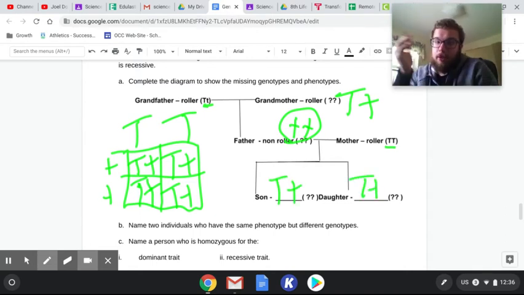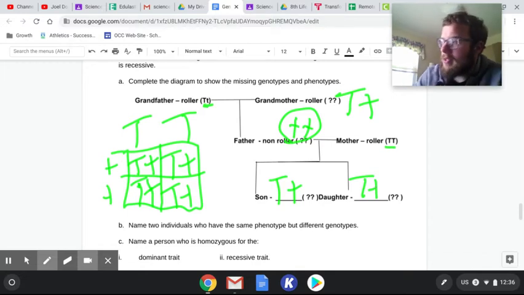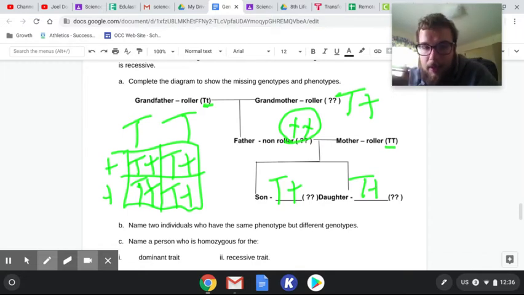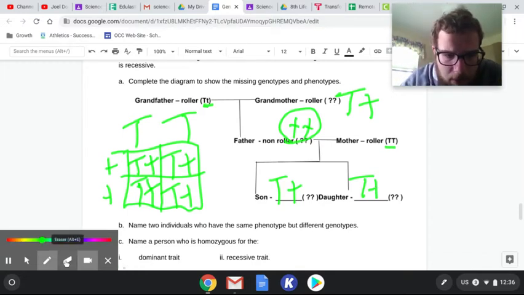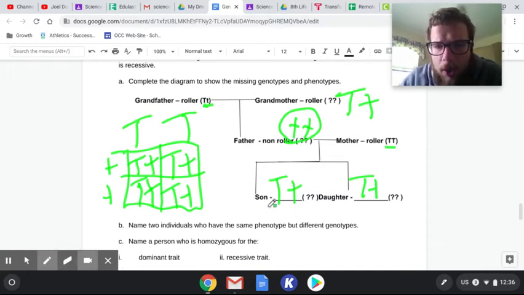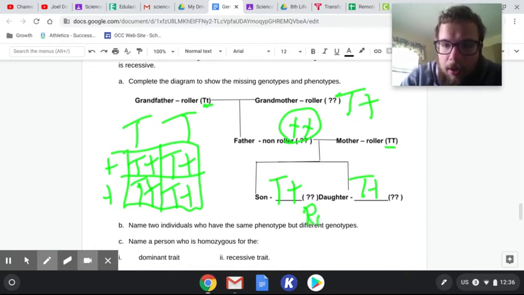There's no other possible outcome. If one parent's big T, big T and the other's little t, little t, all the kids are going to be the same in terms of tongue rolling. So are they rollers or not? They're all rollers, right? They've all got the dominant trait. So these guys are both going to tongue roll.